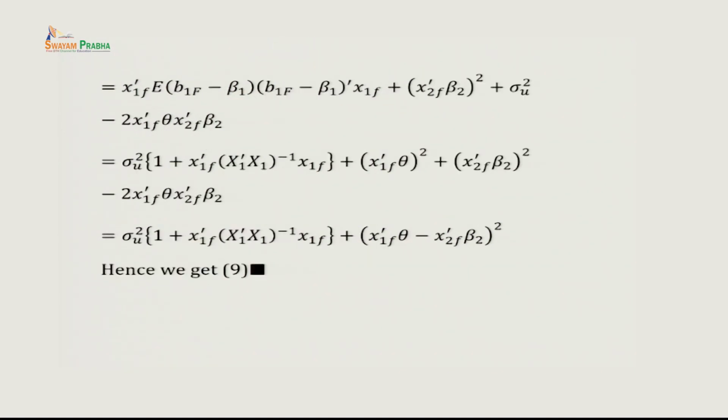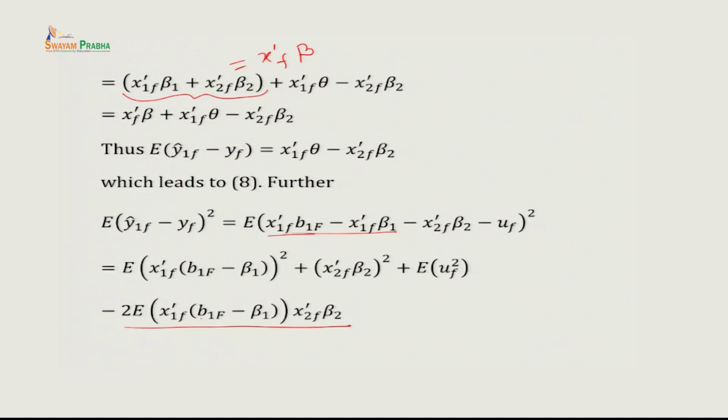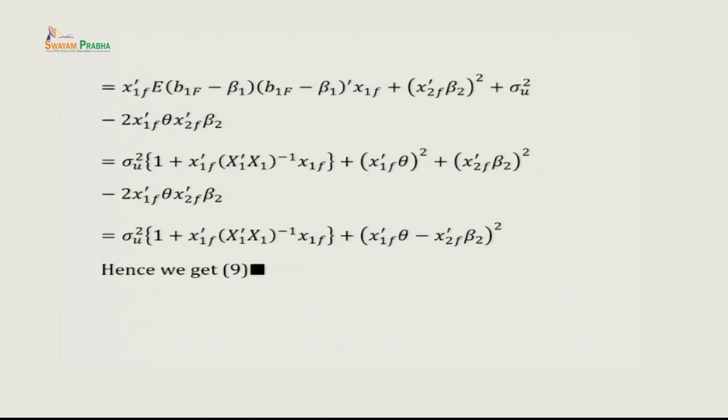Now, we can write the first term as x1f transpose, then in between we have the variance covariance matrix, actually the MSE matrix of b1f, then x1f, and then we have (x2f transpose beta2) square plus sigma square u minus twice x1f transpose theta. This is actually the expectation of (b1f minus beta1), and then you have x2f transpose beta2.